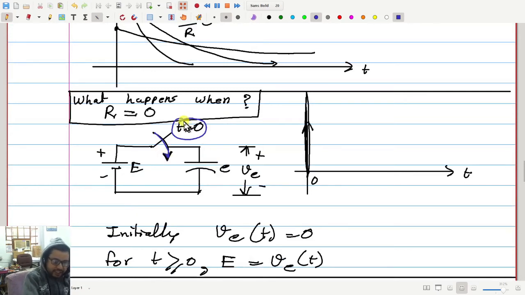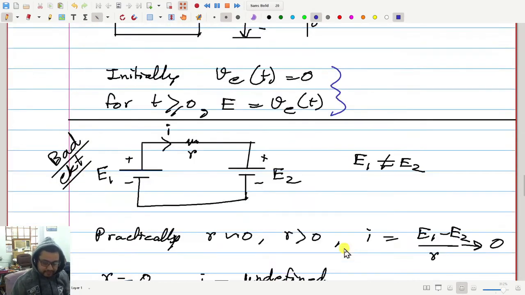So at time t equal to 0, previously, the total integrated charge is 0. So we also require voltage at that moment to be 0. So this is a contradictory thing. Okay, we will not go into that.